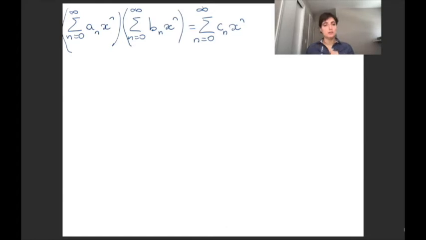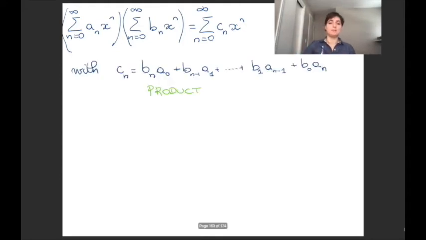Products work a little more complicated because you have to do all the cross products. Think of when you're multiplying 1 plus 2x by 3 plus 5x. You have all the cross products. You still can do the multiplication. So the multiplication of the power series a_n x^n with b_n x^n gives you a power series c_n x to the n, where c_n is all the cross products of b_n to b_0 and a_0 to a_n.